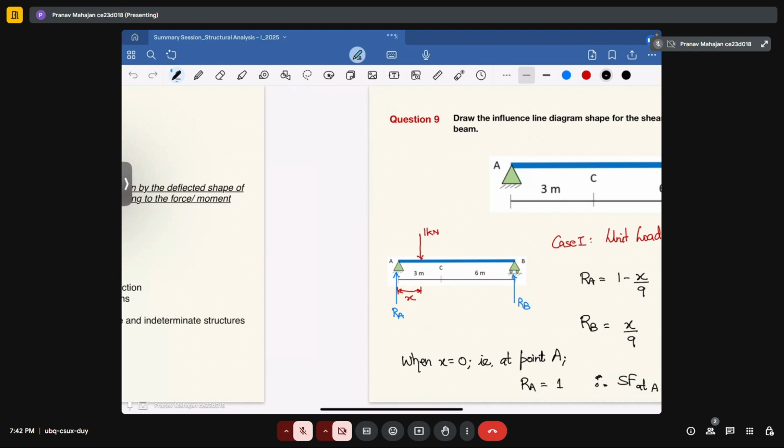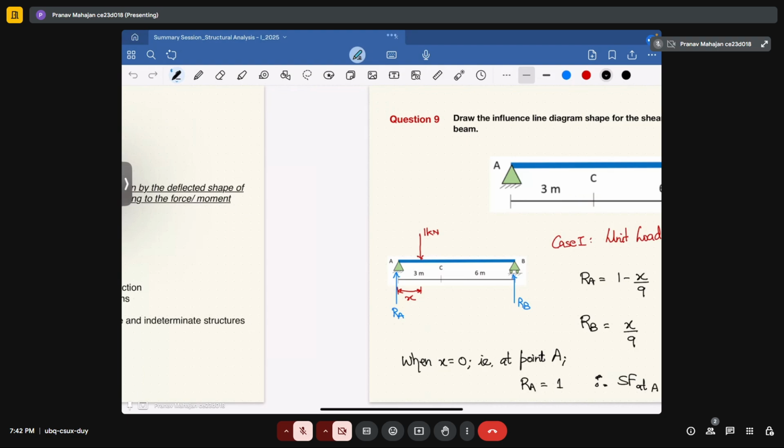You will take a unit load that is kept between A and C, and then you will determine all the unknowns. After keeping that, you can calculate reaction forces RA and RB.